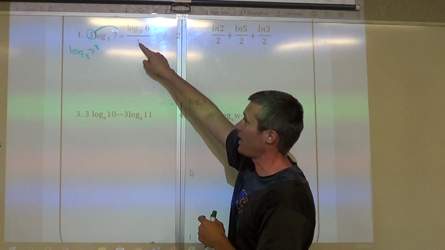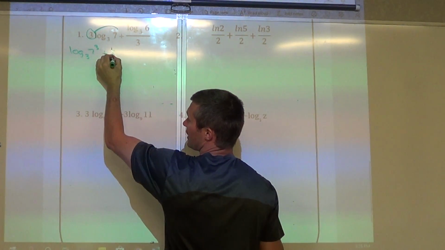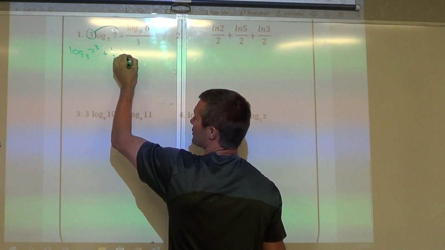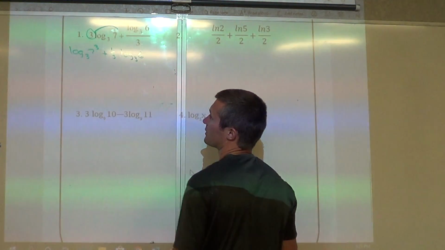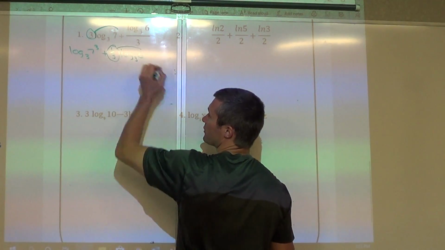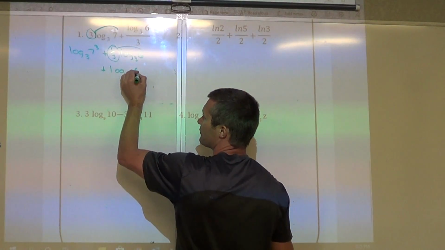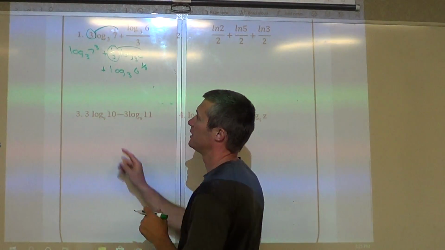Anytime I see divided by a number, write that as a fraction in front. That's divided by 3, or you could say times 1/3 log base 3 of 6. Now once again, that's a number out in front, so that's going to come up and be an exponent. So that would be log base 3 of 6 to the 1/3 power.